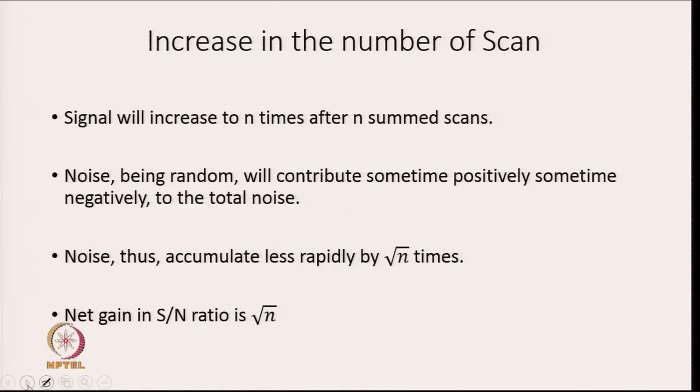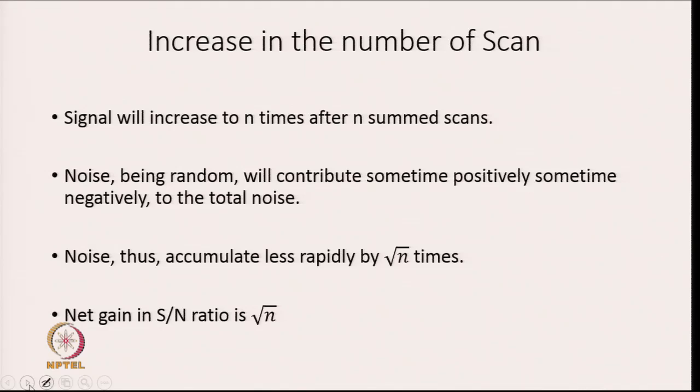If I take n scans, then the signal will increase n times after n summed scans. Noise being random will contribute sometimes positively, sometimes negatively to the total noise, and so accumulation will be less rapid, by root n times. So, if I take n scans, then the signal to noise ratio gains by root n times.